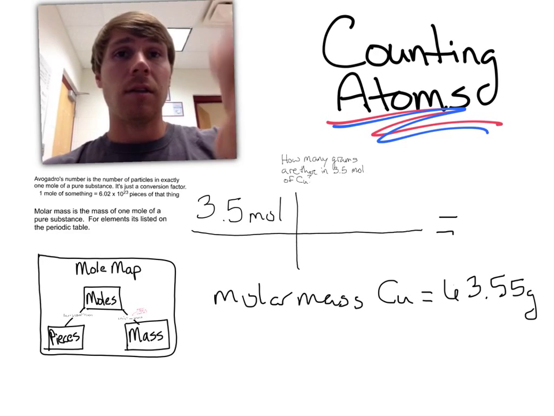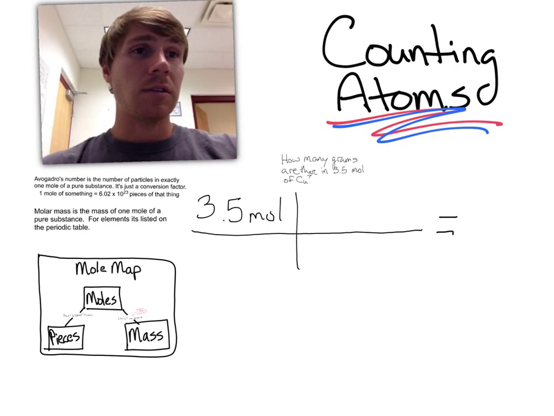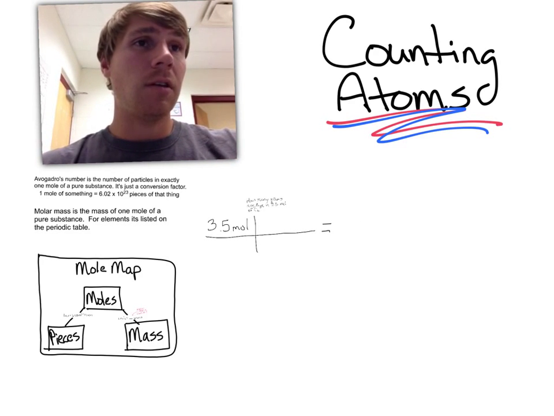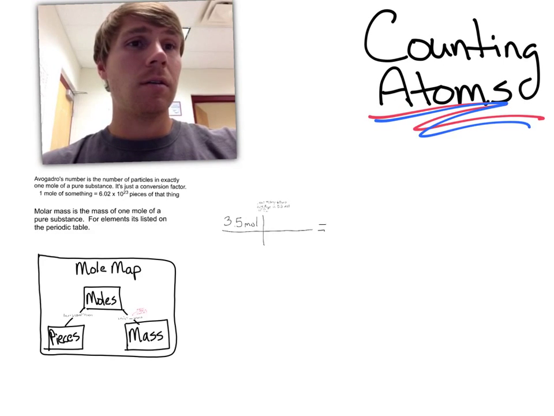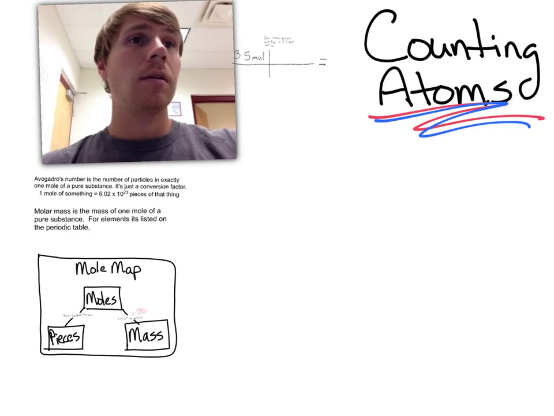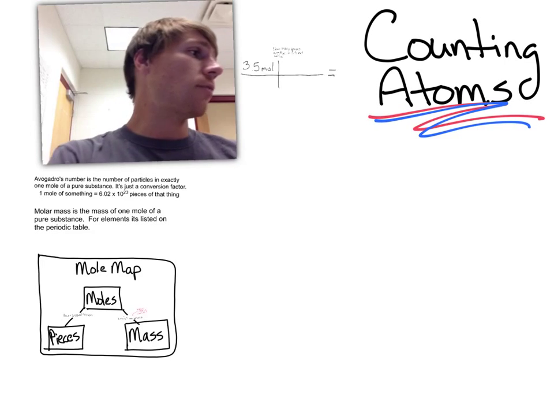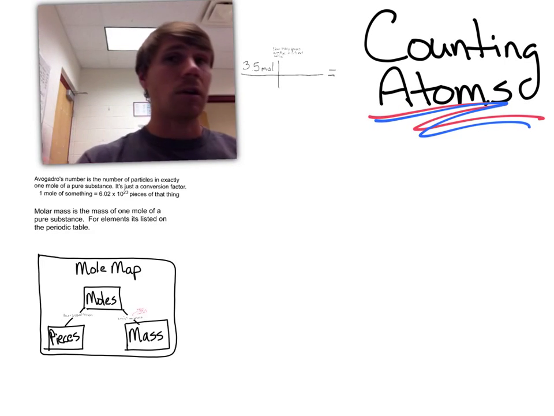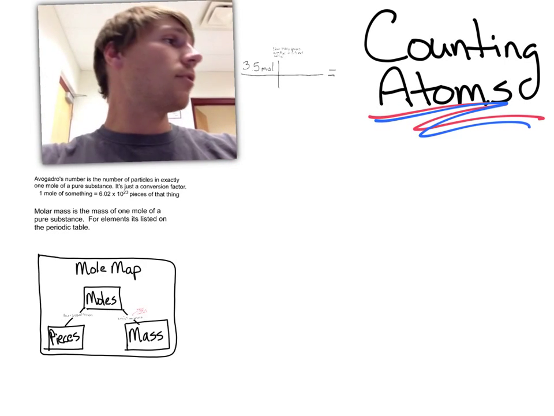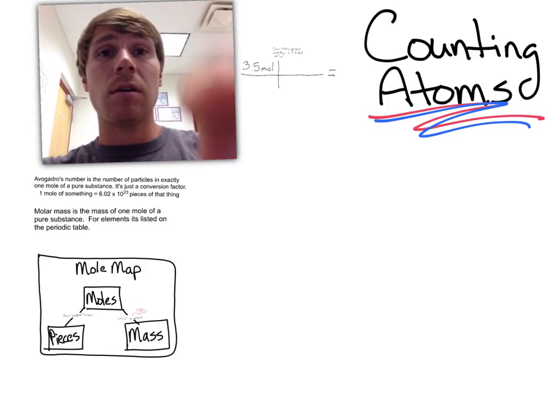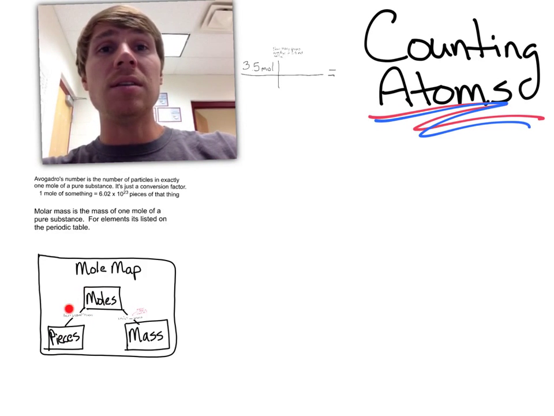Okay, so let's put this over here, and we can even do another example if we want, right? Again, guys, if you need to pause, you can do that for sure. Okay, next one is a slightly different kind of example because we're going to use our other conversion factor from moles to pieces of that.